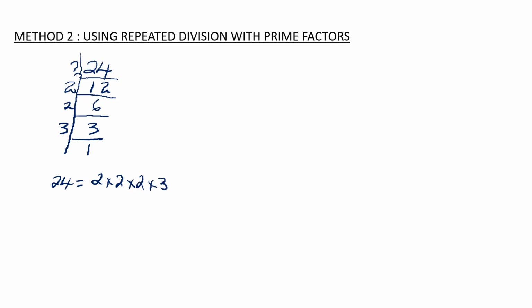Okay, let us look at the other example that we did, which was 30. Can 2 go into 30? Yes, it can. This gives us 15. Can 2 go? No, because it's an odd number. Can 3 go? Yes.